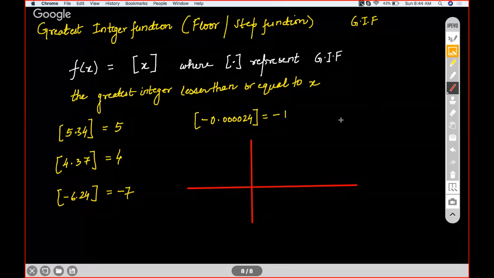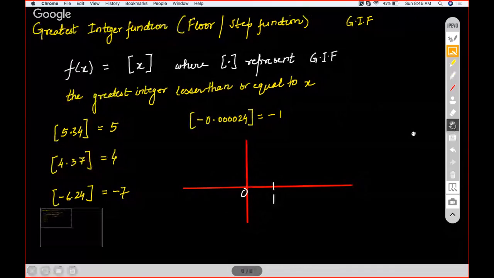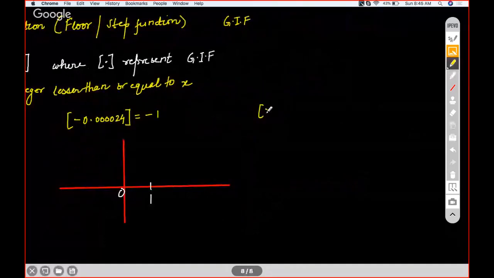Let's say I just ask you what is the graph for all values between 0 and 1, not including 1. What would you see when you are dealing with such values?